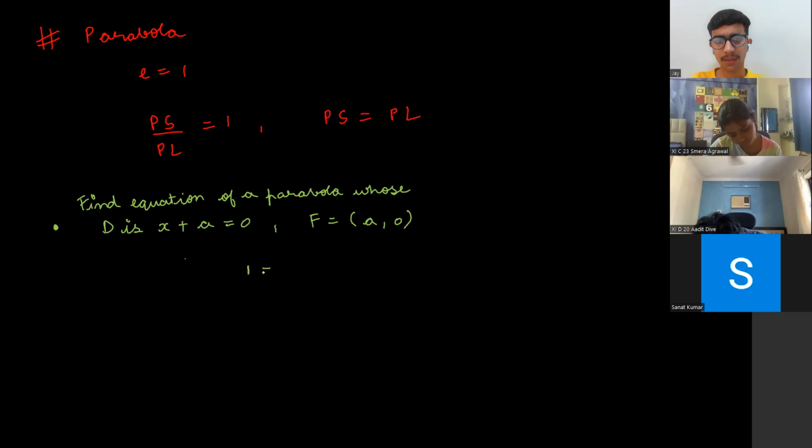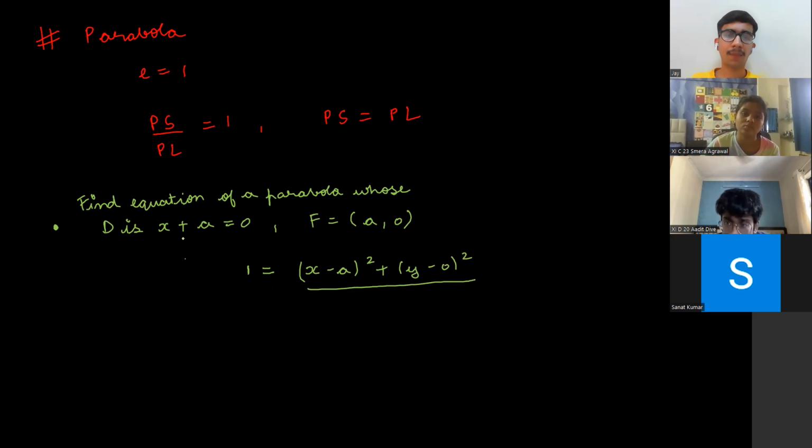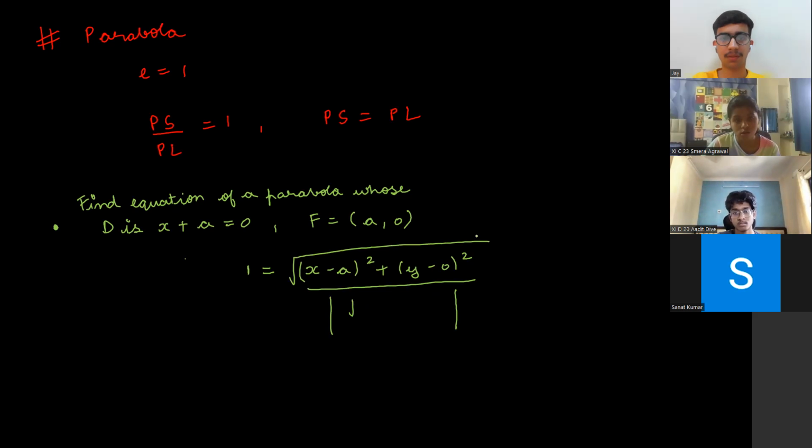Okay, so that means 1 is equal to square root of x minus a the whole square plus y minus 0 the whole square, divided by modulus of, okay, this will also be under a square root.